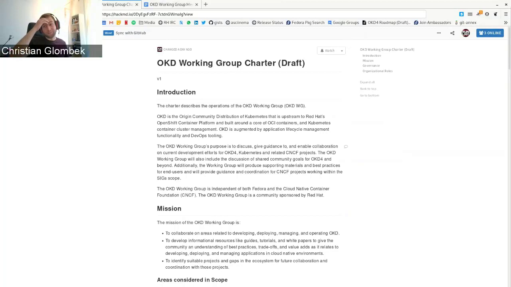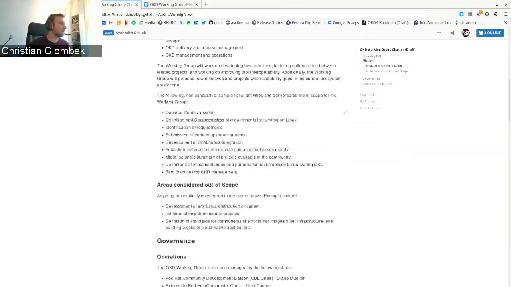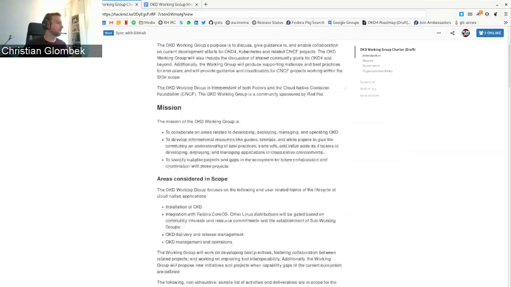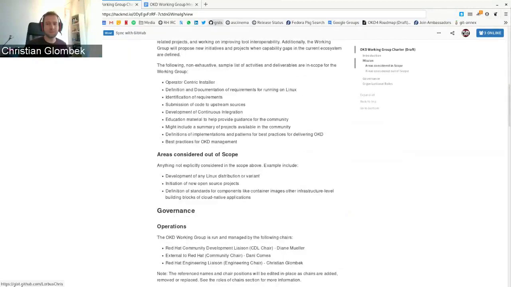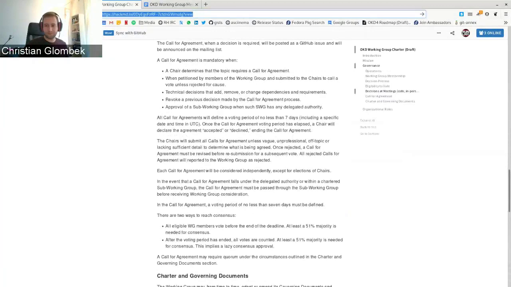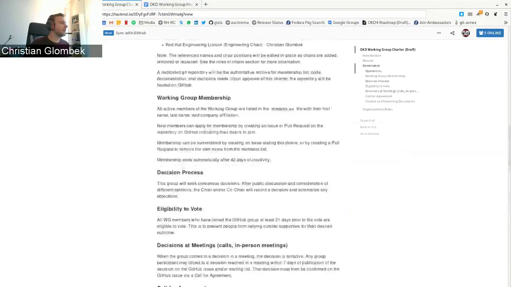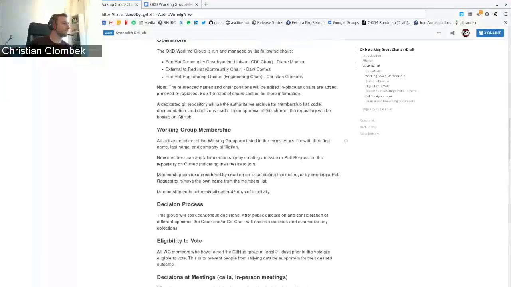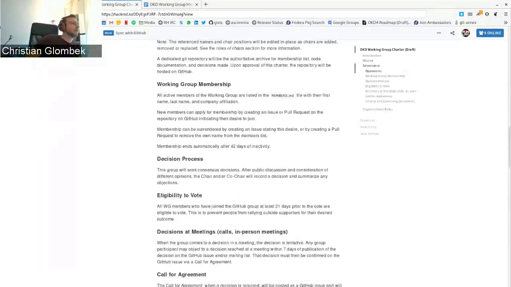You don't need quorum each time with the lazy consensus. So there are a few changes in this draft. I can also just pass the link real quick, so you can comment on the HackMD doc yourself. The biggest changes were in the governance section.